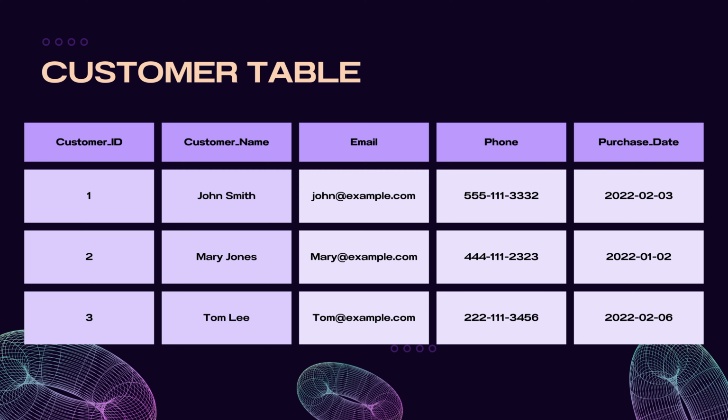Here is an example of how SQL can be used to query a database. Let's say we have a table named customer that contains information about our customers, including their name, email, and phone number. We want to retrieve the name and email of all customers who have made a purchase in the last month.